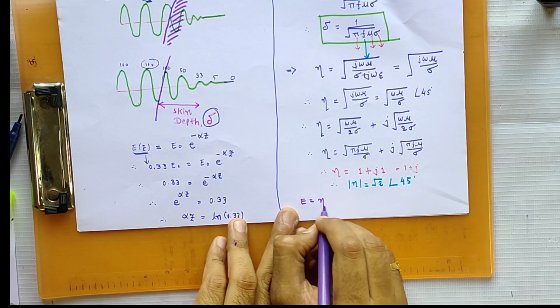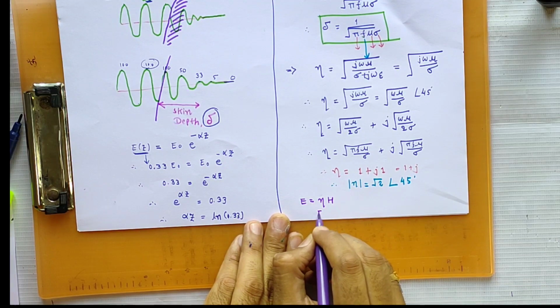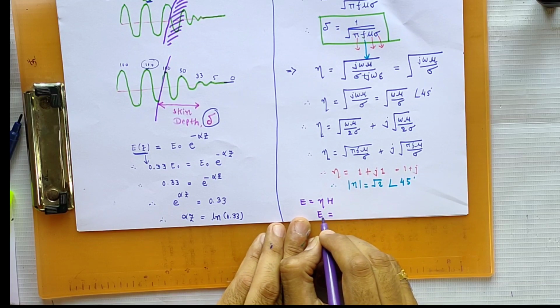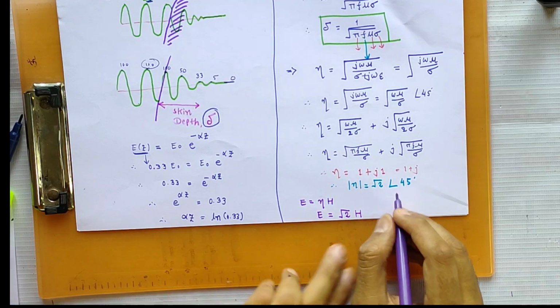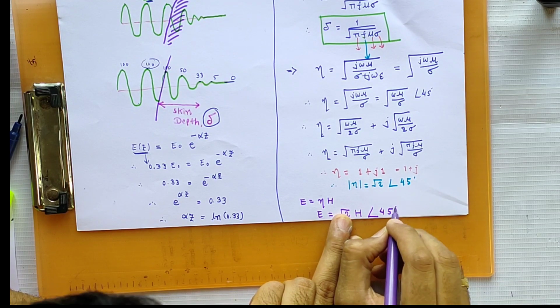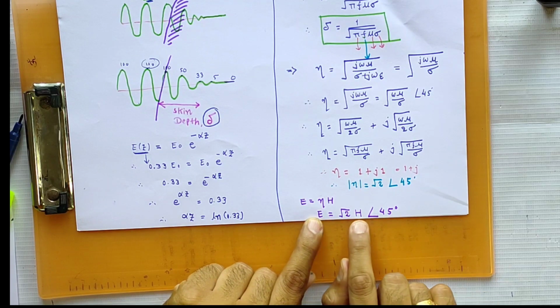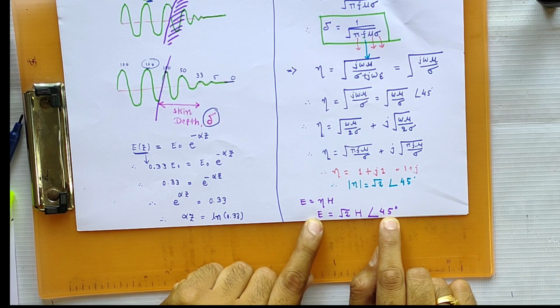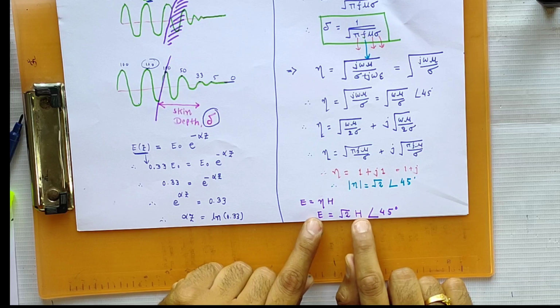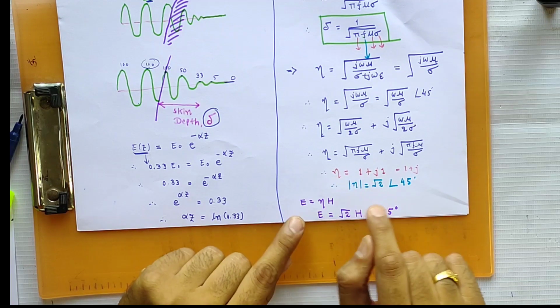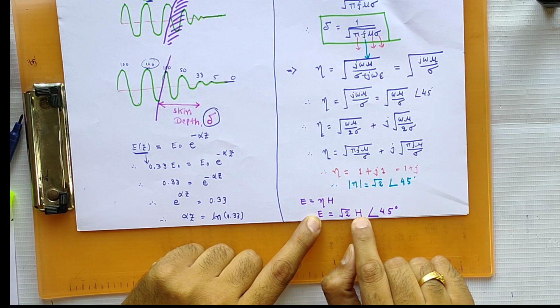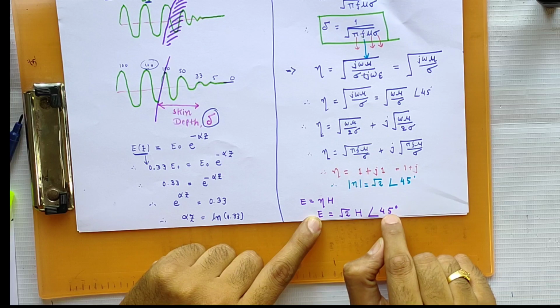We know that E is equal to eta times H. So the value of the electric field intensity is root 2 times higher than H, and the phase difference between the electric wave and the magnetic wave is 45 degrees. We observe the phase difference between these two waves, electric wave and magnetic wave, due to this intrinsic impedance angle of 45 degrees.